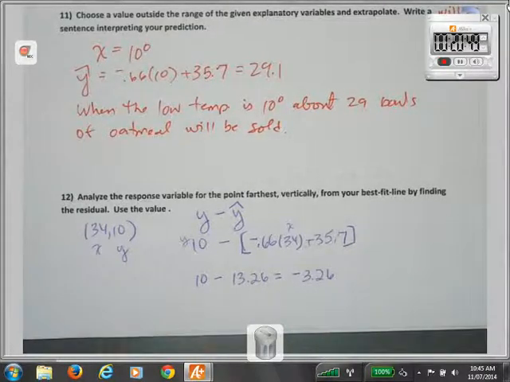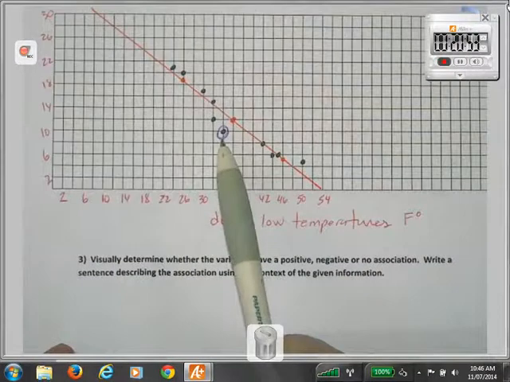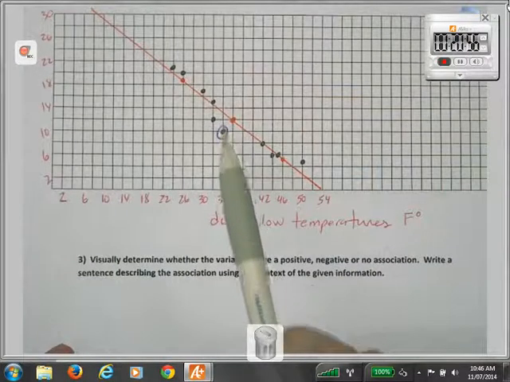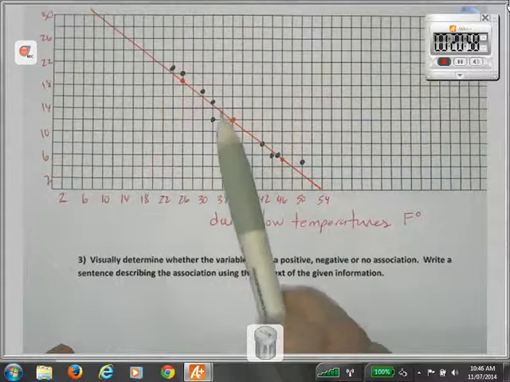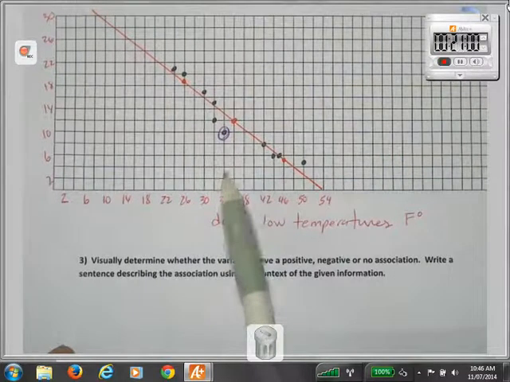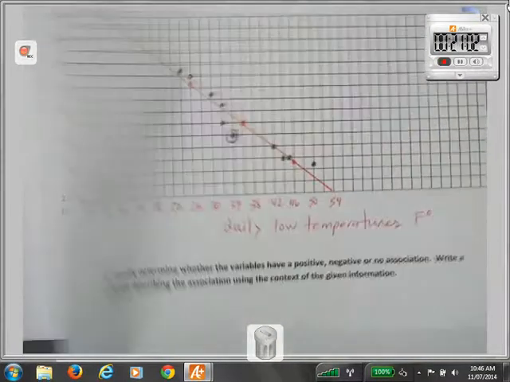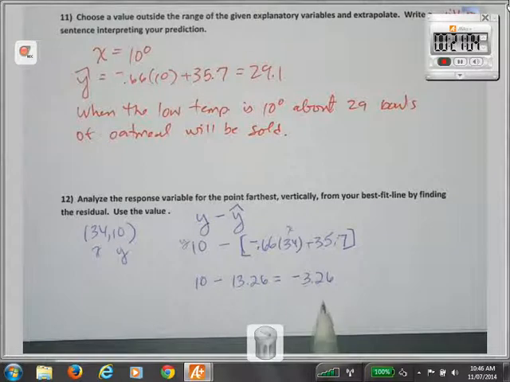It's negative because it's below the line. That negative is telling us a distance, above or below the line. If you pick a point that's above the line, your residual value, or your distance, is going to be positive versus negative. It depends on which point you pick.